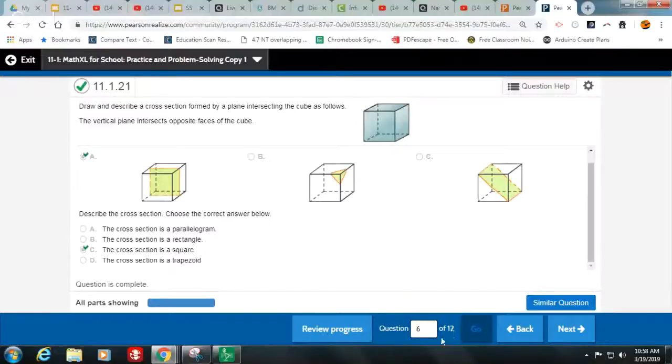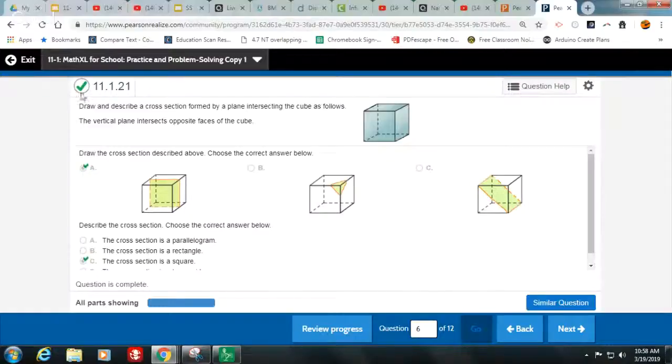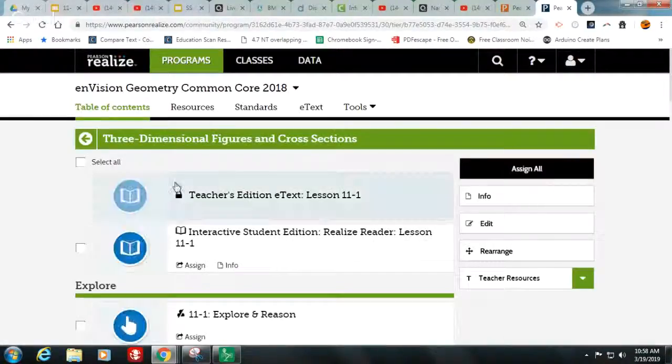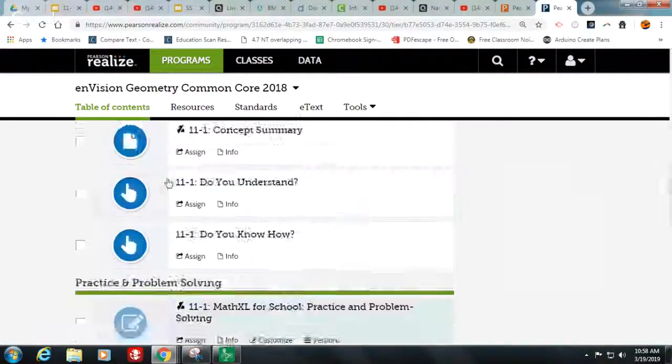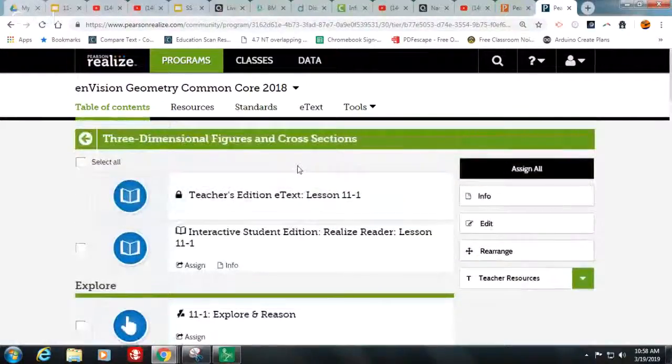So there are 12 questions on this one, and there are 8, I think, on the other. There's no quiz, so you have to do the additional practice. There is no enrichment. So there are 20 questions, and also I assigned the review.